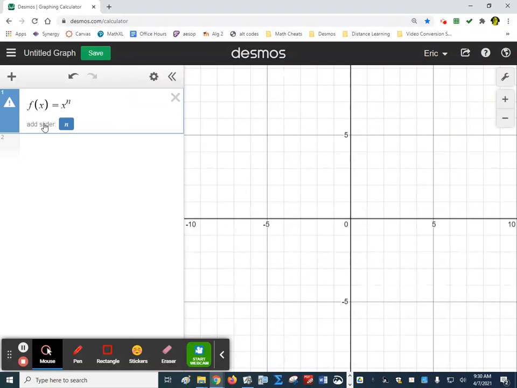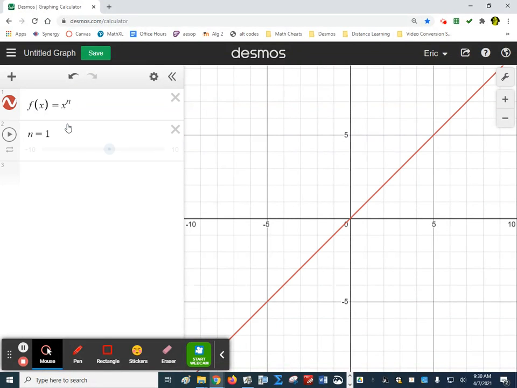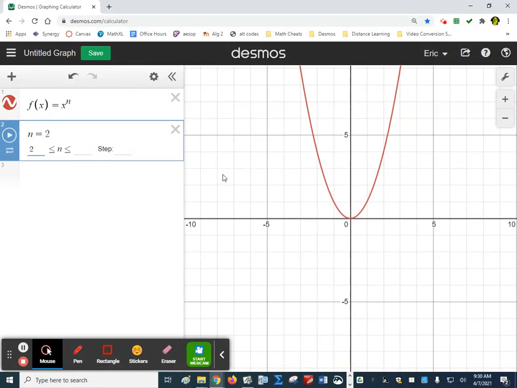And notice it asked me if I want to add a slider for n. Yeah, I'm going to. Okay, and I'm going to let n go from 2 up to 10 in steps of 2. Okay.